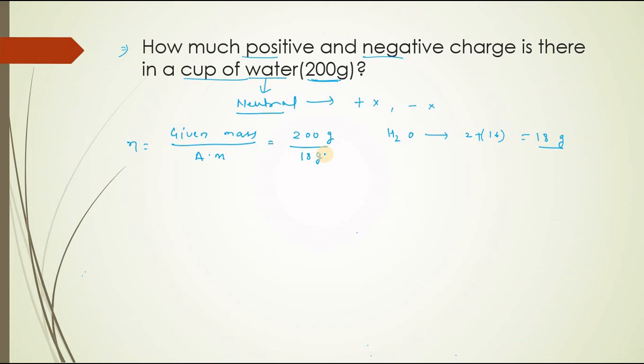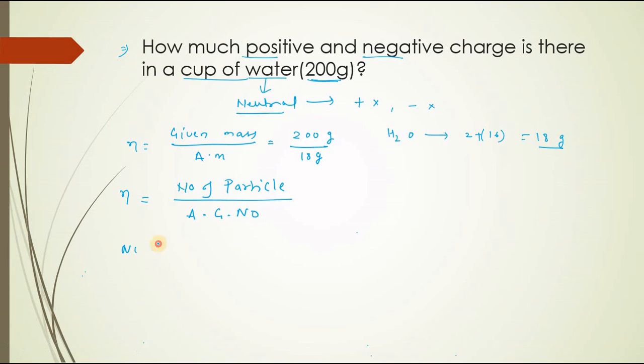This is the number of moles, and now you have to find out the number of particles. To find the number of particles, the formula is the number of particles divided by Avogadro number.